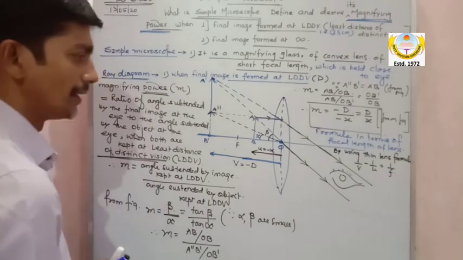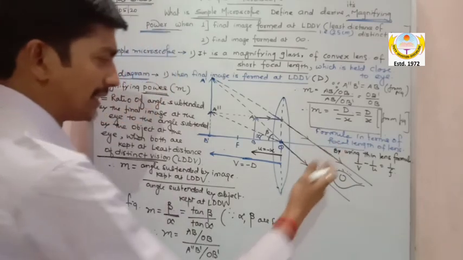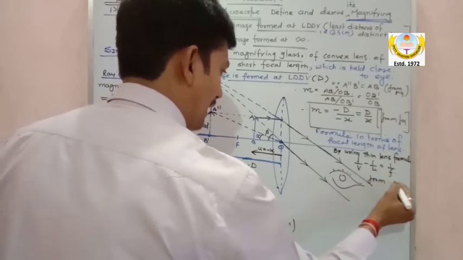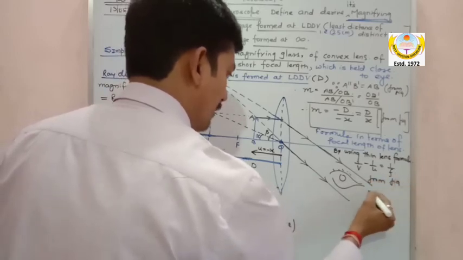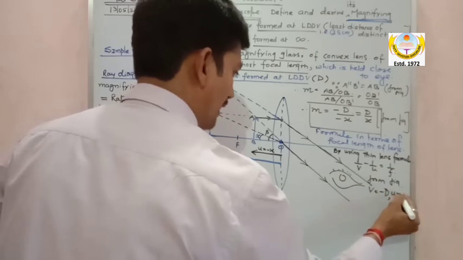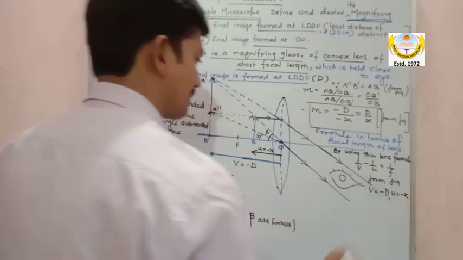Now my dear, you can see from the figure that v is equal to minus D and u is equal to minus x.